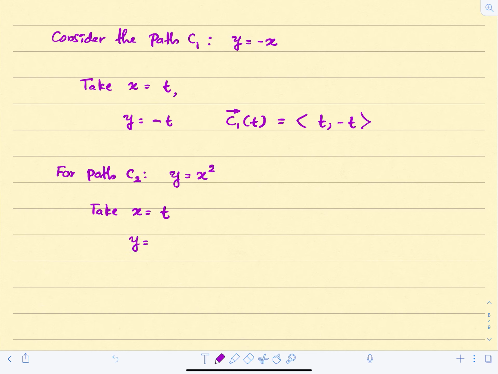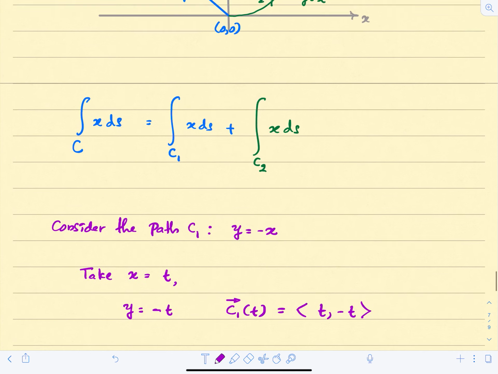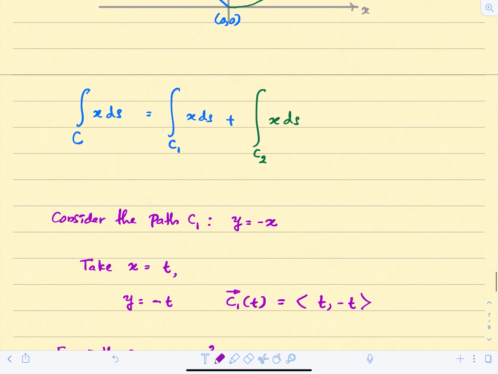Now if x equals t, the y coordinate becomes the x coordinate squared, which equals t squared. Therefore, the parameterization for the curve C2 equals t comma t squared. Okay, great. Now let's go back to this line integral.